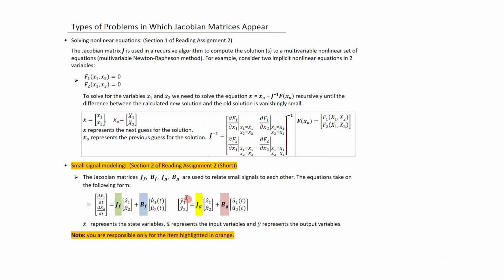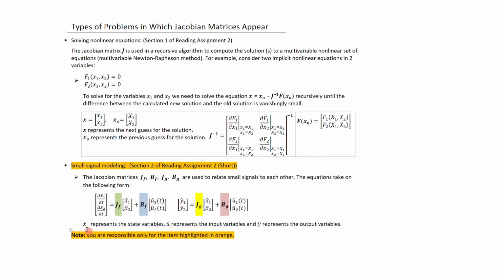We also will have outputs that are described in terms of the state variables as well as the input variables. Again, these are small signal deviations. Notice here that in order to determine what x1 hat and x2 hat are, you need to be able to solve this differential equation set. That will be the subject of a lecture that follows this one.